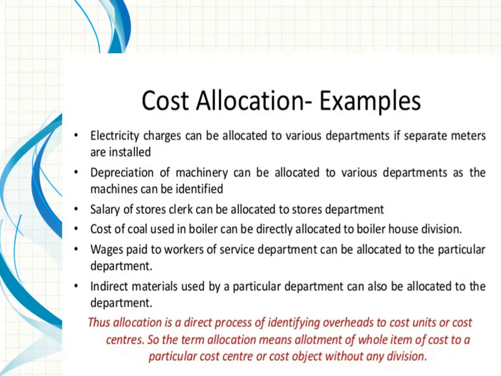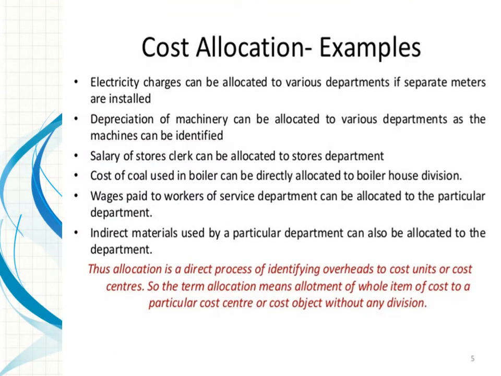As examples, like rent, electric charges can be allocated to various departments if separate meters are installed, or depreciation on the basis of machines utilized in that particular department, salary, or the cost of coal on the basis of the stores department. Wages paid to workers in the service department are to be allocated, and indirect materials used by a particular department can also be allocated to the department.